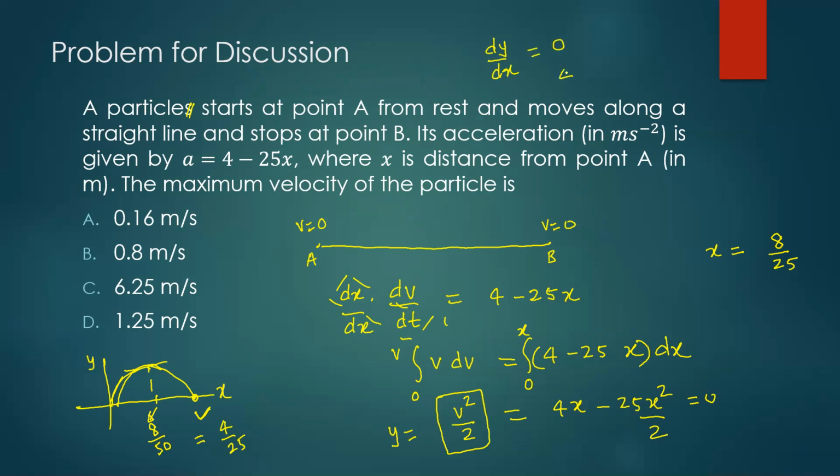So we get 4 minus 25x is 0. So x is equal to 4 by 25. You'll get the same value. So that is another thing that you can use. But I think either way is fine here. You understand?